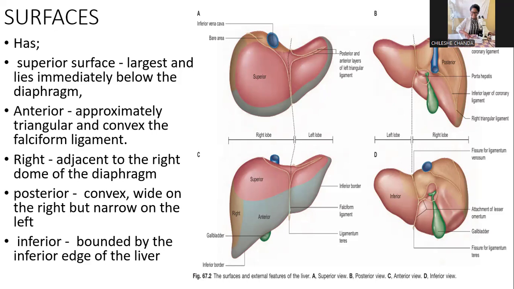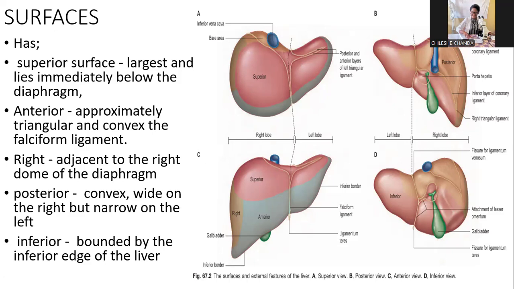Then we have the anterior surface, the surface that faces anteriorly and is in contact with the anterior abdominal wall. And then we have the right surface, which is adjacent to the right dome of the diaphragm, and then we have the posterior surface, which is in contact with the posterior abdominal wall, and then the inferior surface, which is in contact with several viscera.